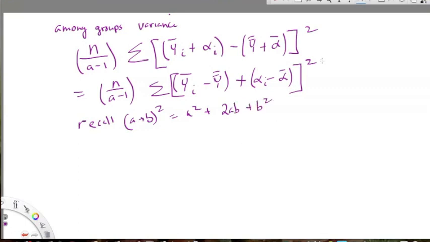So we're going to do the same thing as that with this. So we're going to have this equal to n over a minus 1 all times some huge thing here, which is basically the binomial expansion of this up here. Okay, so we have, first of all, y bar i minus y double bar, that's our a, squared.